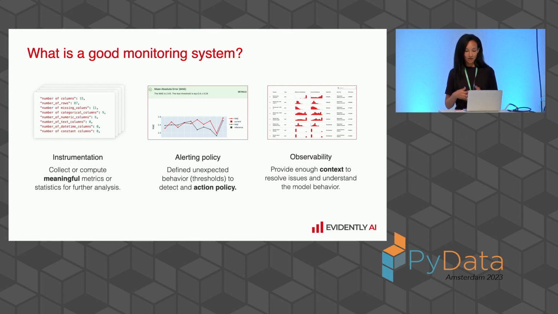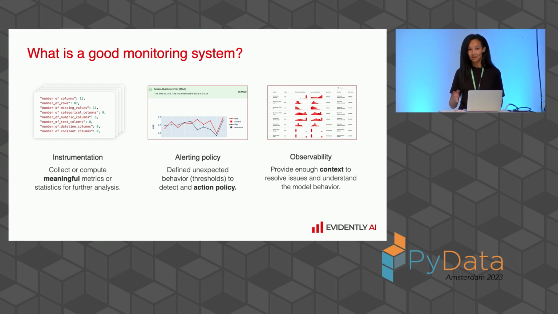So this is why context with some statistics and some visual information like maybe distributions is quite important to solve the issue faster. At least pretty often we might save some time from our data engineering team to grab some logs and calculate all the statistics ourselves. So it's like meaningful metrics, action policy, and enough context.